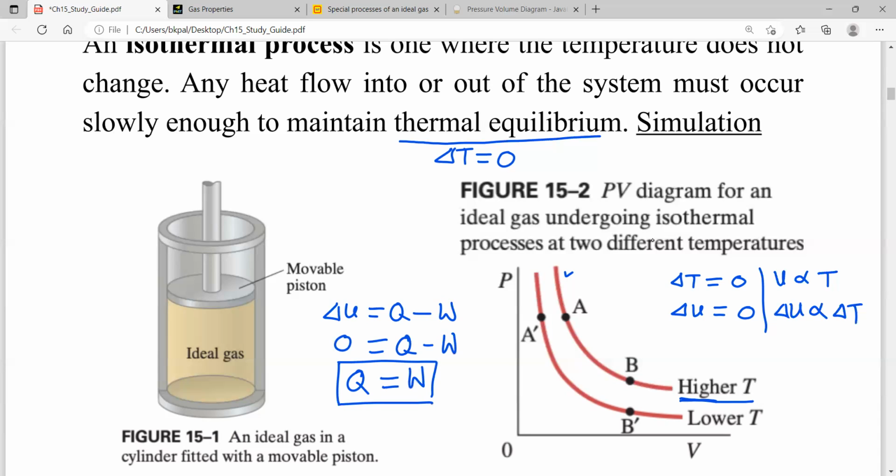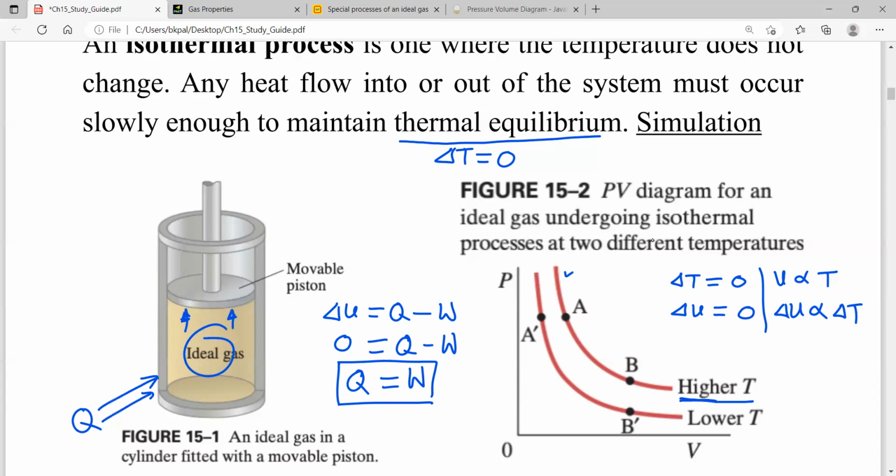If, let's say, Q is slowly entering this system, where the system is the ideal gas, this gas will do some work on the surroundings.